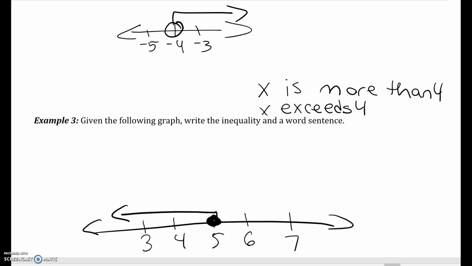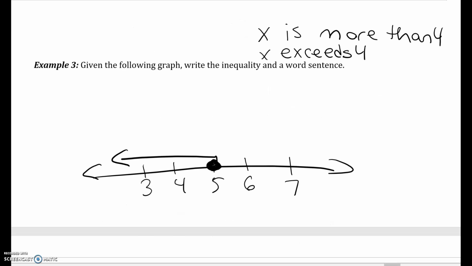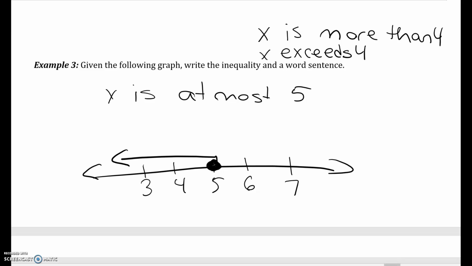I want you to go ahead and type in your own words another way to say this graph other than x is less than or equal to 5. So you might have said x is at most 5. X does not exceed 5.